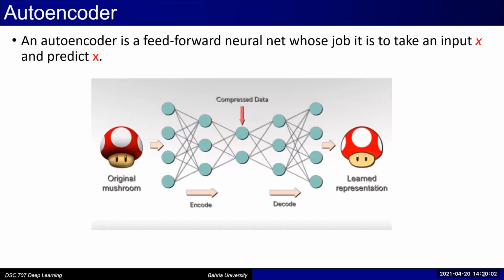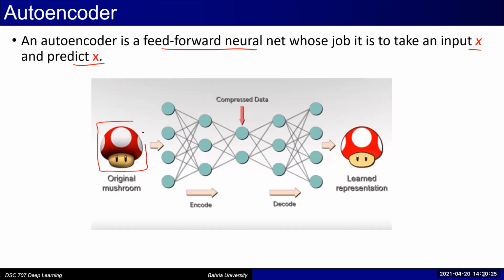In simplest words, an autoencoder is a feedforward neural network. And what is the objective? You feed it with some data, say X, and the objective is to predict X. For example, if this is my autoencoder, just forget about the inner part.